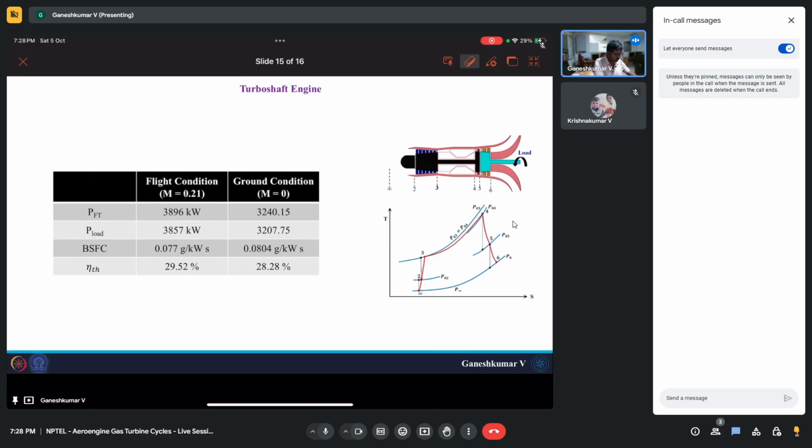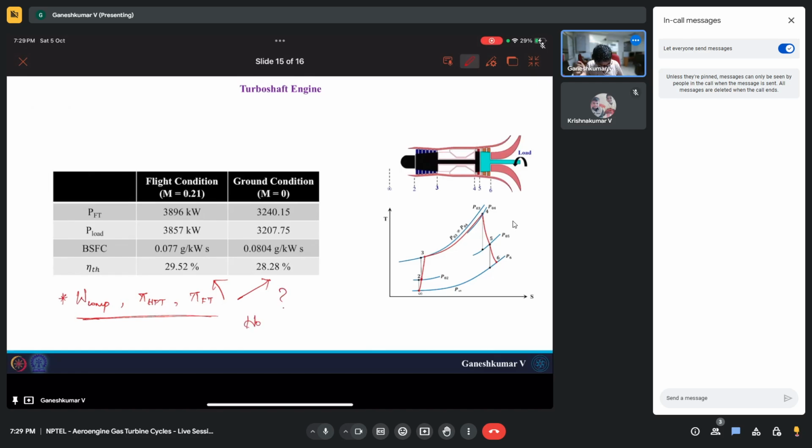What happened was, you can find it for yourself. You can find the work you require for the compressor. So, the work done by the compressor, then pi of the high pressure turbine, and then the pressure ratio of the free turbine. Okay, you compare these values for flight condition and also for ground condition.